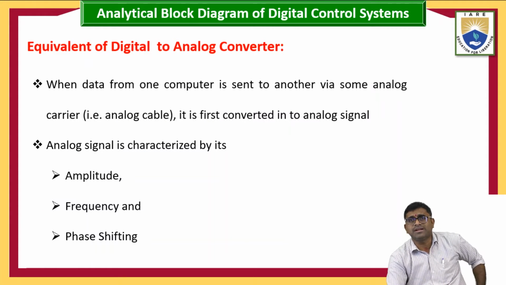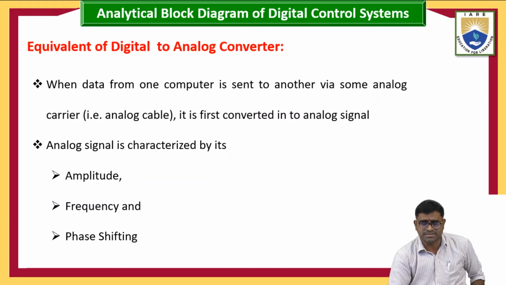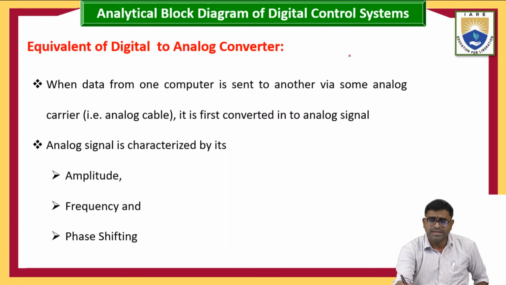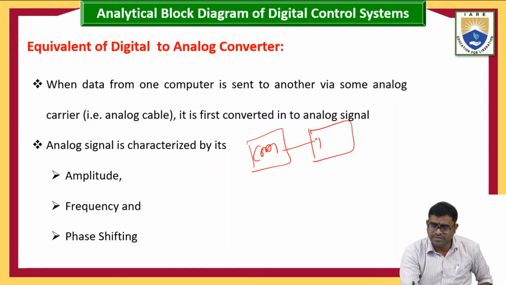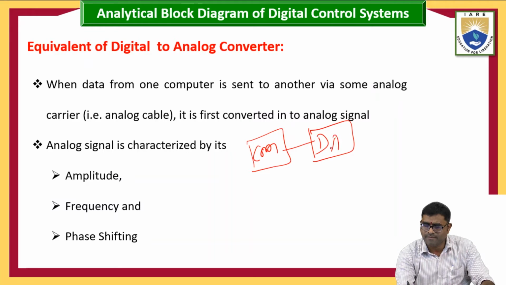When data from one computer is sent to another device via an analog carrier, I have already drawn the block diagram here: the computer, the DAC, and the system.